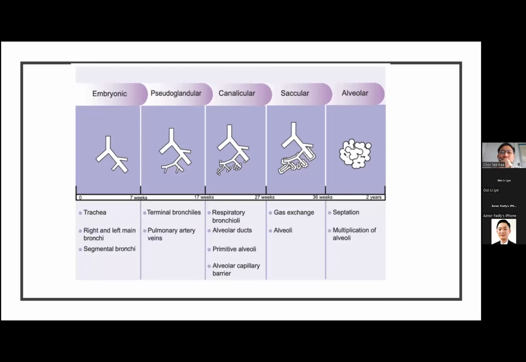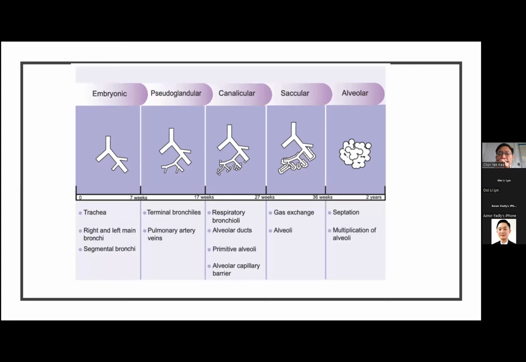So there are 5 stages. During the embryonic phase, from week 0 to week 7, the trachea will be formed and is subdivided into right and left main bronchus. In the second phase, the pseudoglandular stage, terminal bronchi are formed and all the pulmonary vessels start to gather.